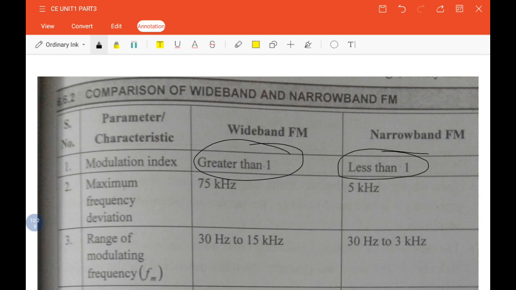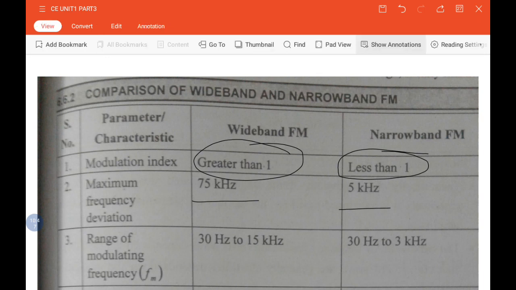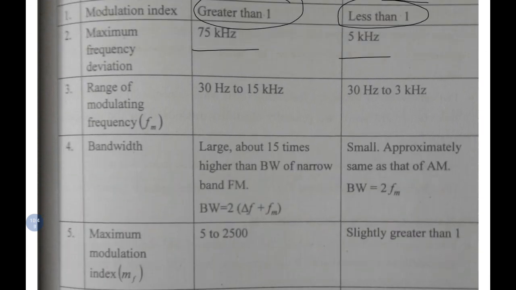And the maximum frequency deviation for wideband is 75 kHz, narrowband is 5 kHz. The range of modulating frequency for wideband FM must be 30 Hz to 15 kHz, narrowband 30 Hz to 3 kHz. And similarly the bandwidth calculation.